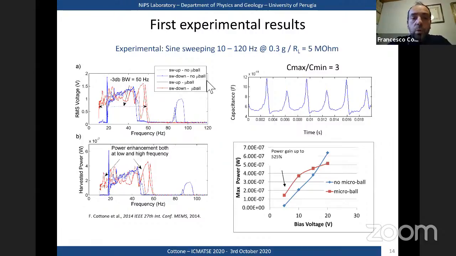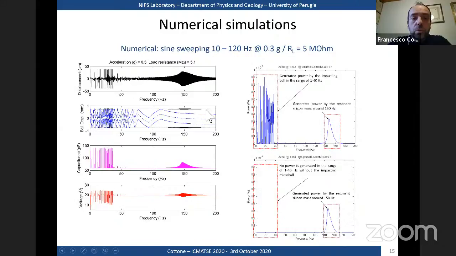Here are some numerical simulations that show you a little better the behavior of the system. Here on the left, you can see the displacement of the seismic mass, the black line. The ball displacement is simulated, hitting the two boundaries, the upper and the lower boundary of the cavity. At each hit, the seismic mass starts to vibrate at its own natural frequency.